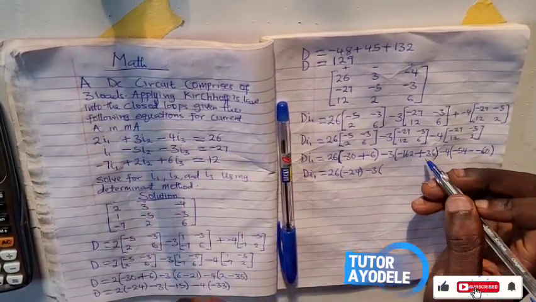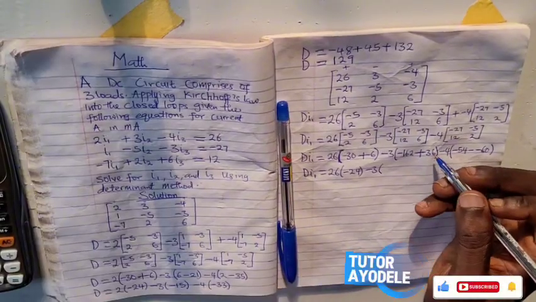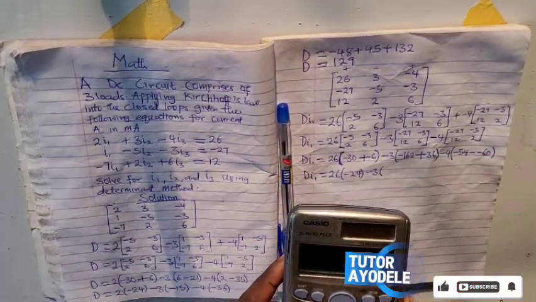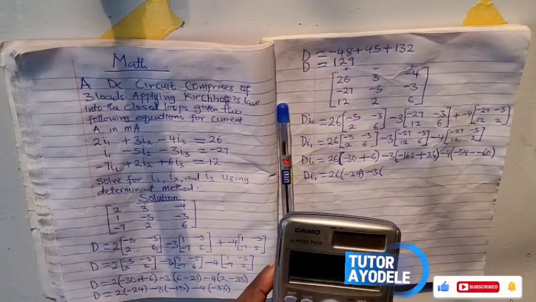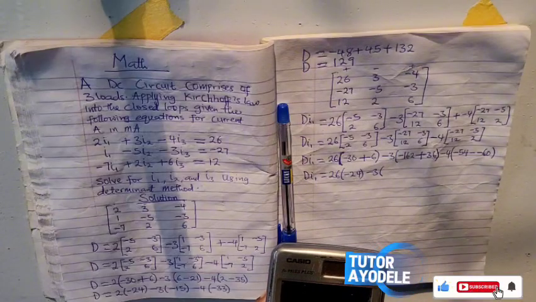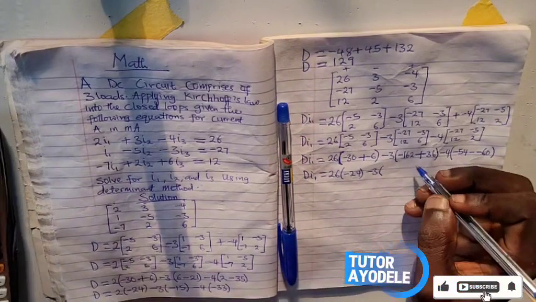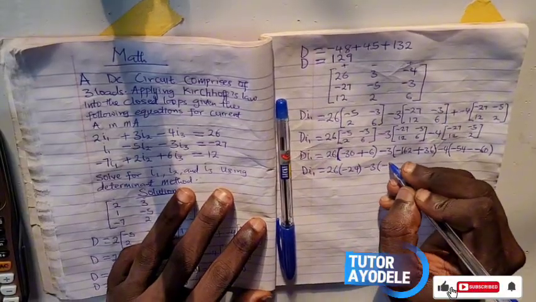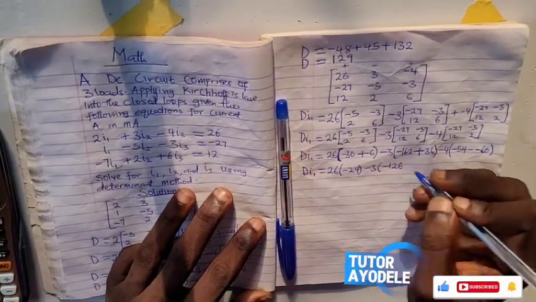So minus 162 plus 36, that would be minus 126.